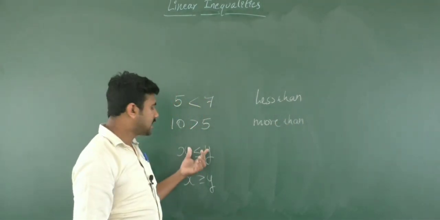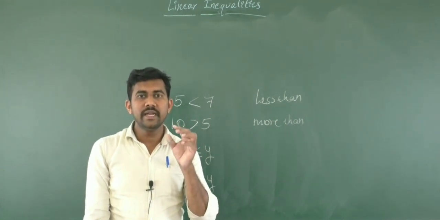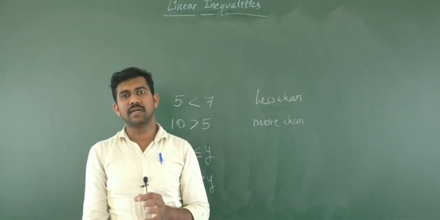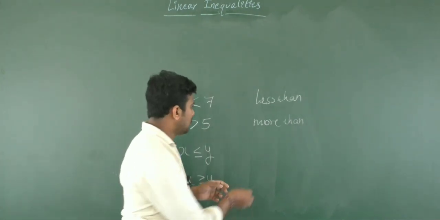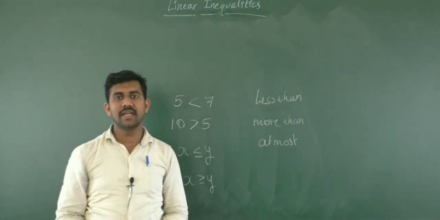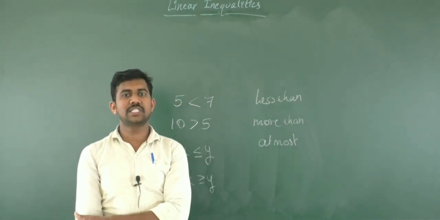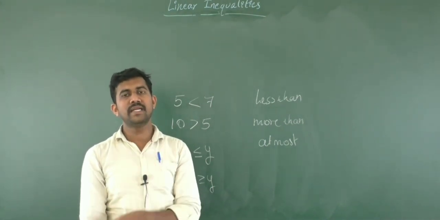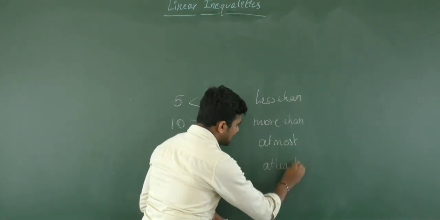The next one is at most. In a 100 marks exam, one can score at most 100 marks, maximum 100 marks he can get, right? So the word here is at most. And similarly, to get a grade in the unit test, one must score at least 20 out of 25 in a maths exam. So the word is at least.